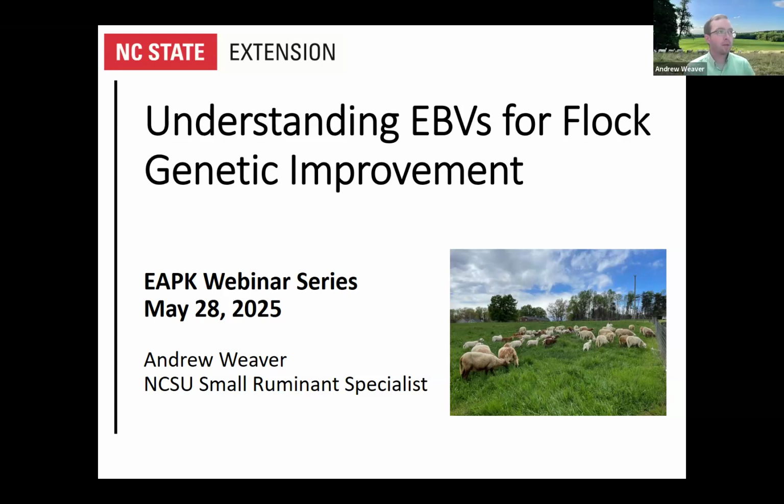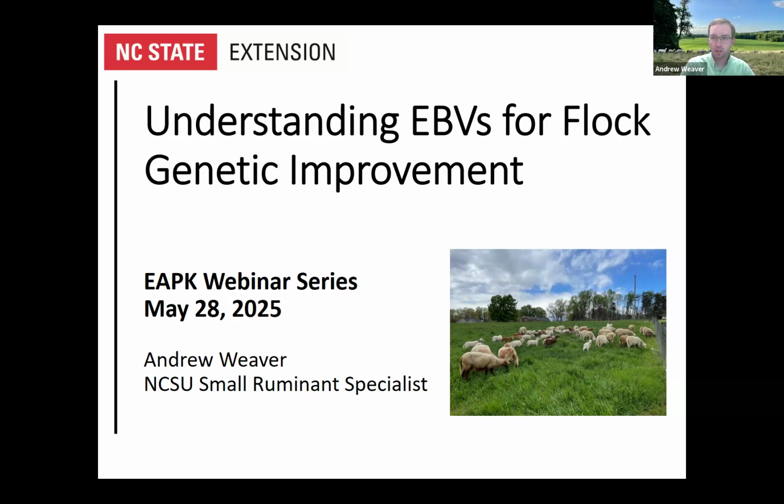Like Cam said, I'm going to give kind of an overview, maybe like a 10,000 foot view, you could say, of EBVs, and then jump into some of the probably more common traits that we think of, especially as Katahdin breeders. Certainly, there's more EBVs than just what I'll discuss this evening. There's some traits more terminally oriented that I'm not going to cover this evening.